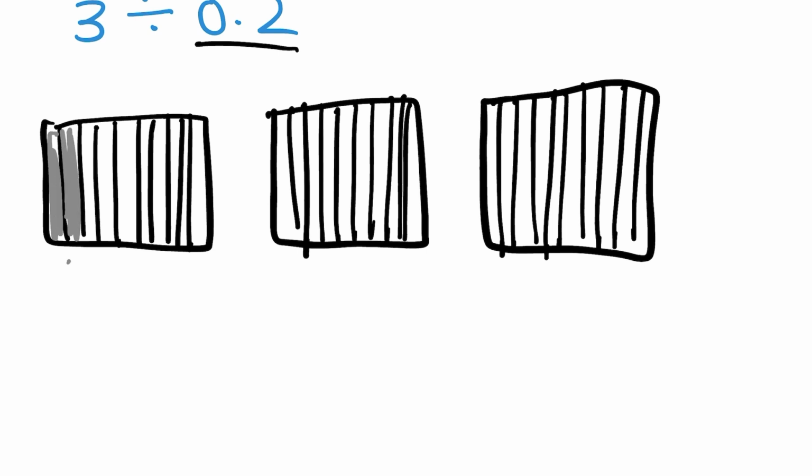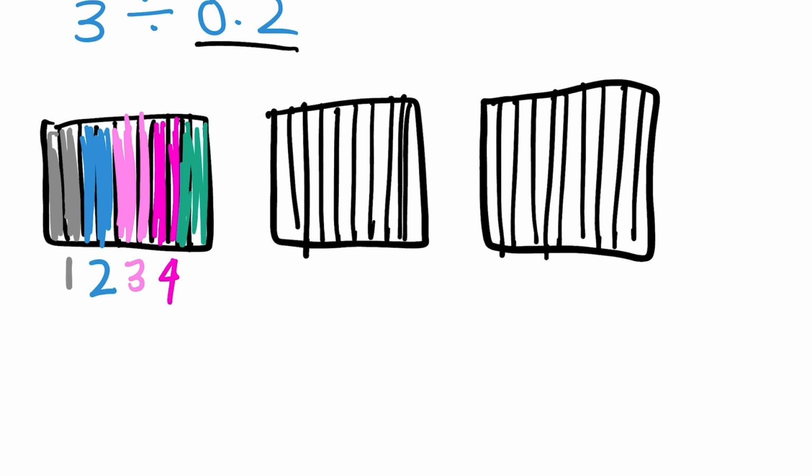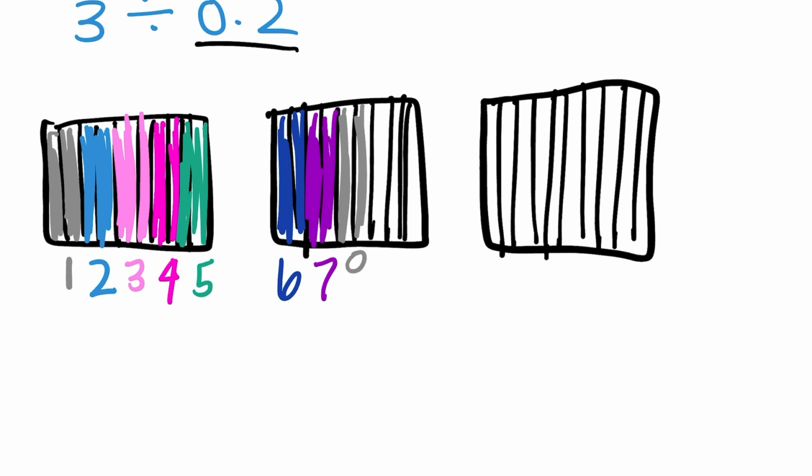1 2/10, so that's 1 group. 1 2/10, that's 2 groups. 3 groups. 4 groups. 5 groups. 6 groups. 7 groups. 8 groups.